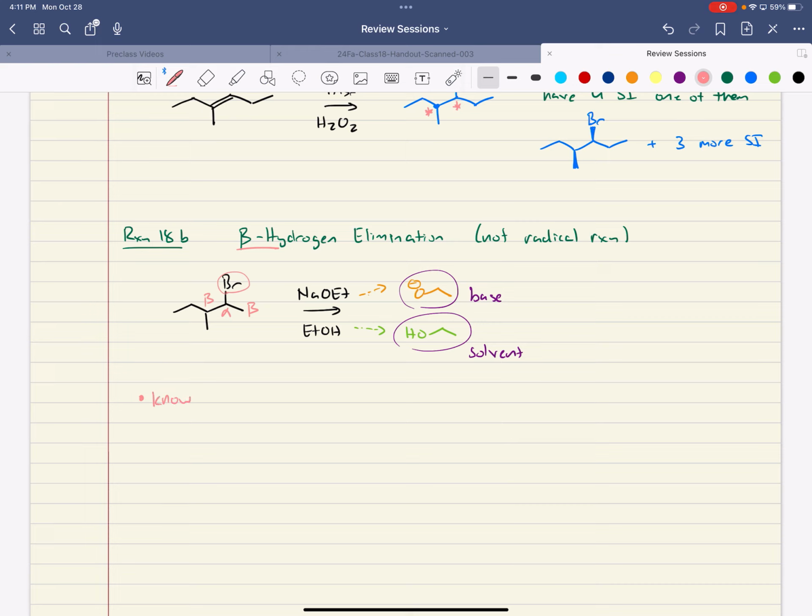This study sheet and this video are not to go over the mechanisms. It says here to go over the mechanism on your own. So you'll have another blank sheet of paper, and you'll be doing a lot of mechanisms over and over again until they're automatic. This is just jotting down all the points that you want to remember to study.